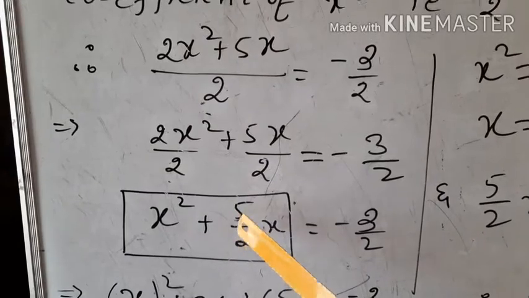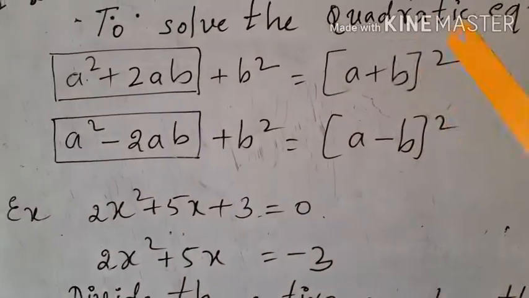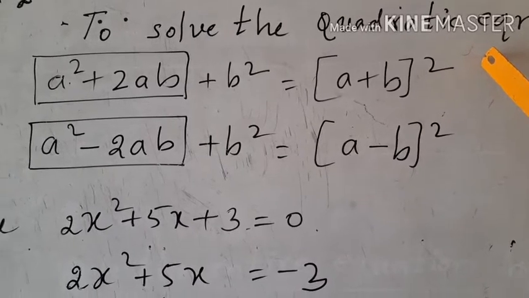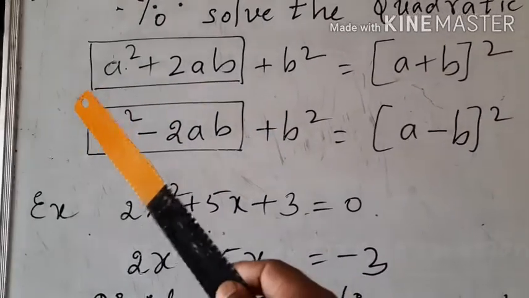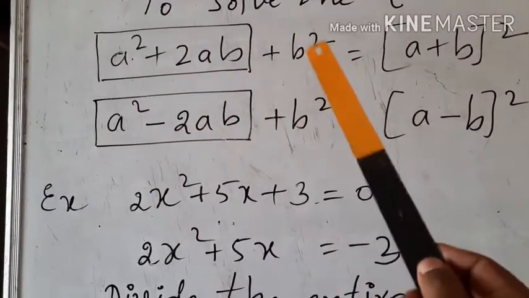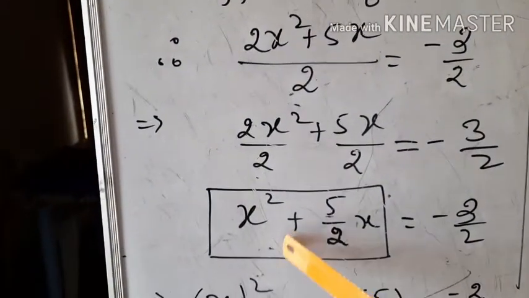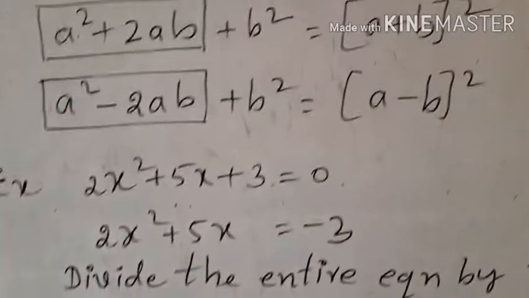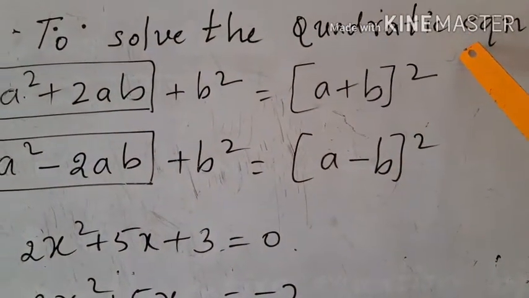Now look at this expression, x square plus 5 by 2x. You should bring it to a plus b the whole square form, which means it should be of the form a square plus 2ab plus b square, right? Since here there is a plus sign, this expression should be brought to a plus b the whole square form.